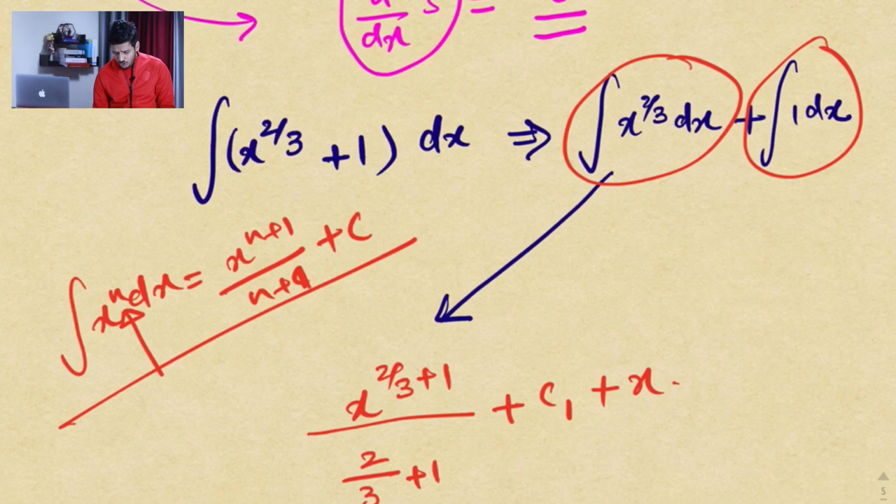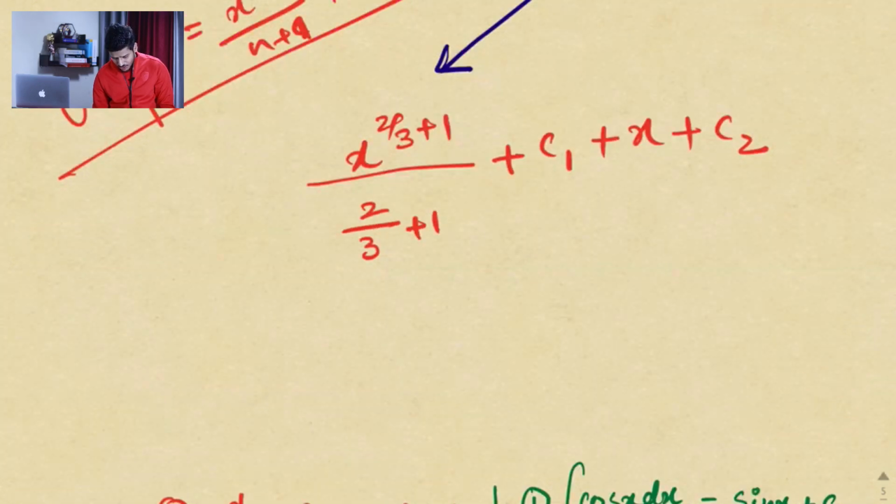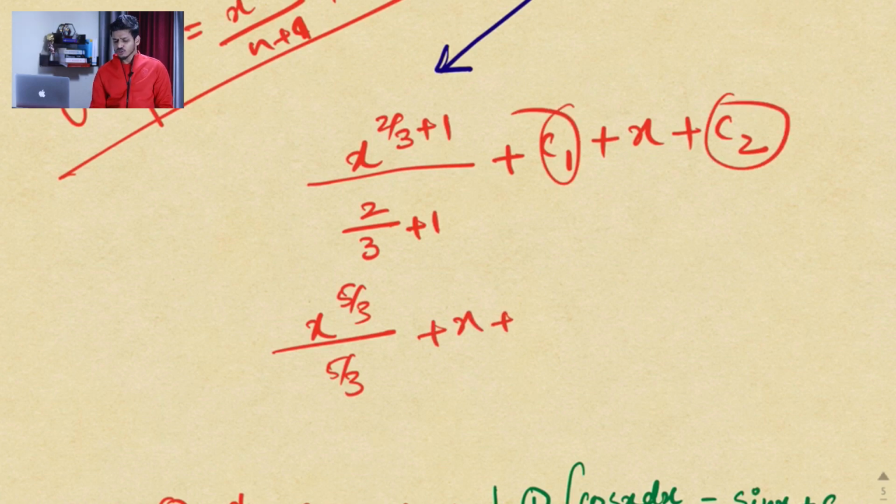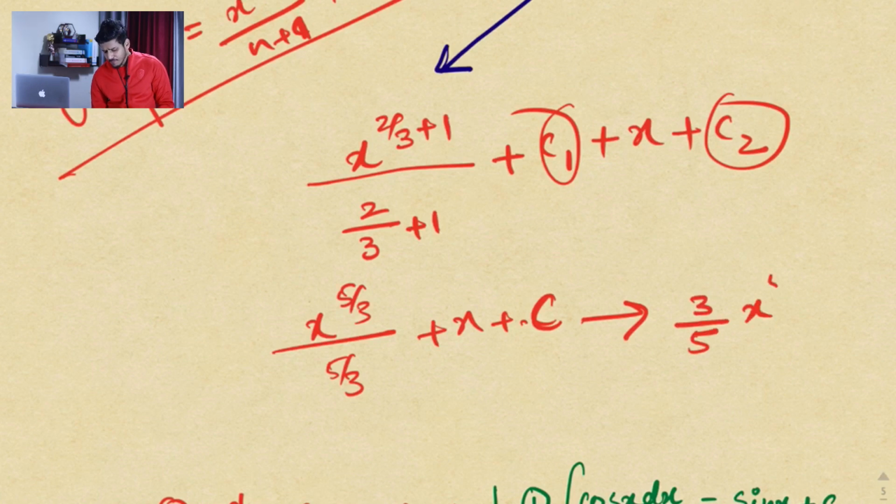So the integration will be x to power 5 by 3 upon 5 by 3, plus x, plus c, because we can write c1 and c2 as c, both being constants. So the integration of this function will be 3 by 5 x to power 5 by 3 plus x plus c.